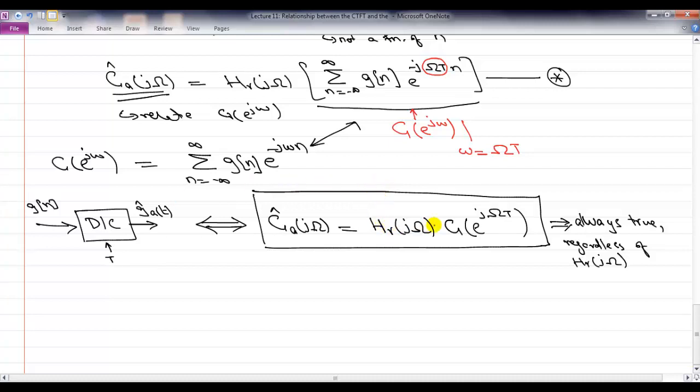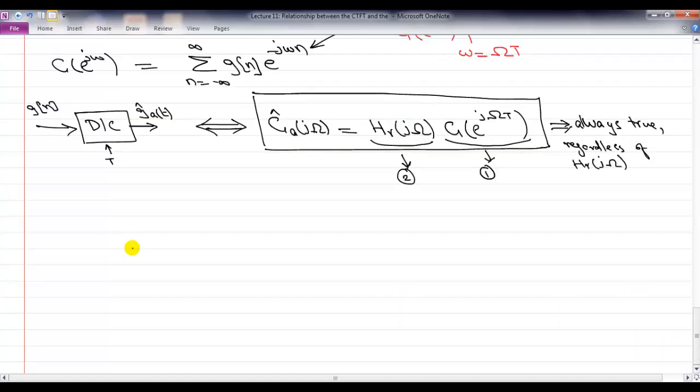What is the meaning of this relationship? Let's try to break it down into two pieces. Let's call this 1 and let's call this 2. What this is saying is that first of all, you are given g[n]. The g[n] has some Fourier transform. Let's say this is g[n]'s Fourier transform.